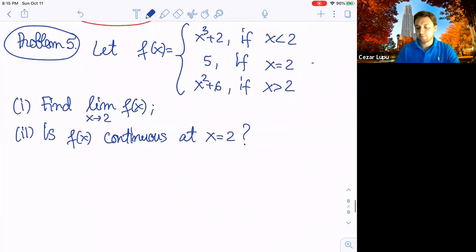So let's look at the problem. We will solve a bunch of problems that look like this. This could be a very good midterm exam problem. So let's see.